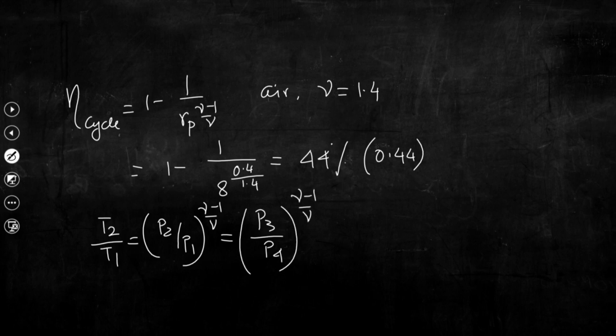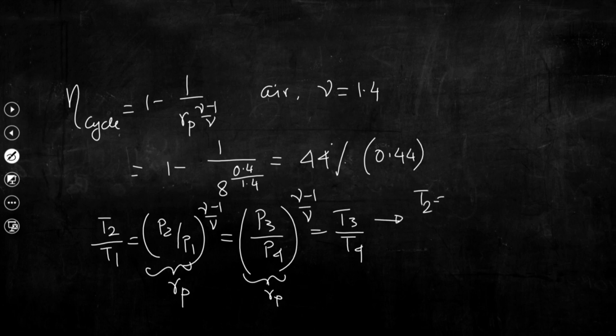So that equals T3 by T4. This is also Rp. From there we can calculate T2 equal to T1 into Rp power (gamma minus 1) upon gamma.